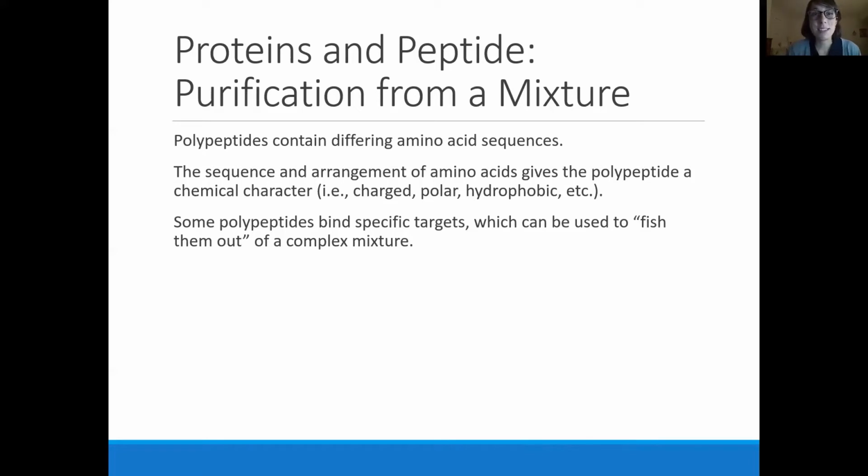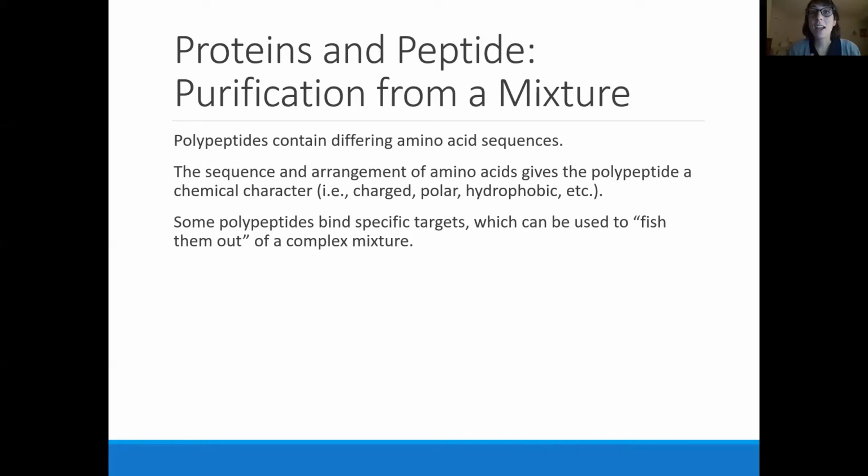There's no easy way to purify the protein that you are interested in. And so there are multiple types of purification methods. We can purify things using their amino acid sequence because they have different sequences of amino acids.